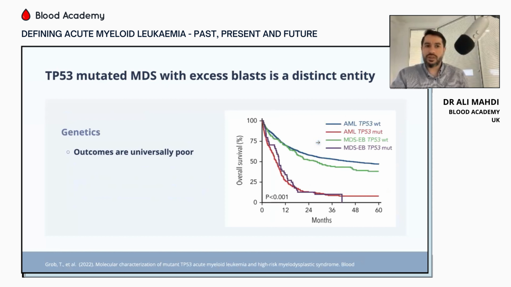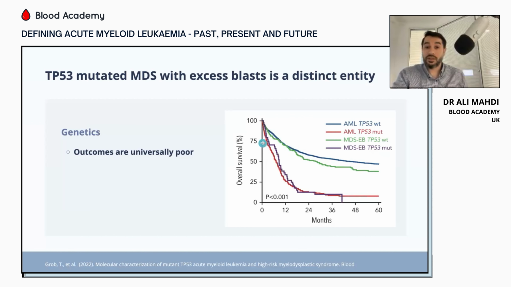Then there's the recognition that certain other genetic abnormalities are important, and in particular, mutations of TP53. So this data essentially shows that patients with TP53 mutation, irrespective of your blast percentage, provided it's more than 10%, unfortunately have very, very poor outcomes.